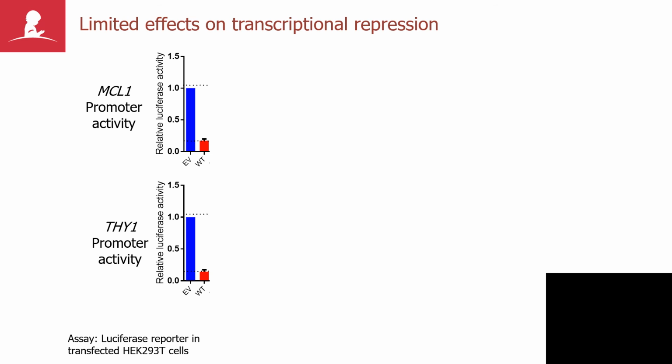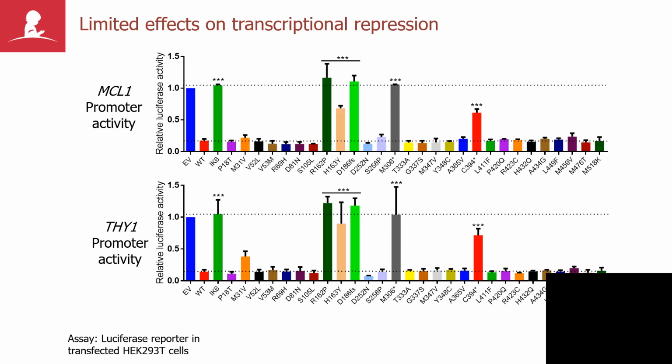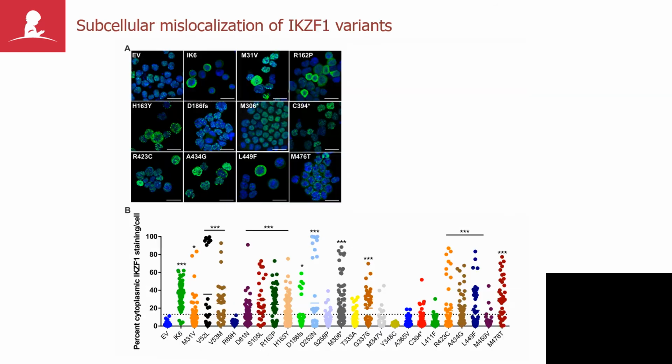So these are data for two of the targets of Ikaros that show repression by wild-type Ikaros, de-repression by the somatic deletion mutant called IK6, but then virtually no effect, no de-repression, from all the missense mutations, and the only deleterious variants were these ones that are either in the DNA binding domain directly or are truncating variants, as shown here.